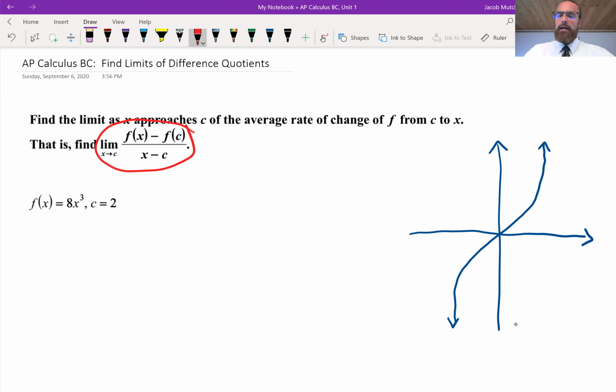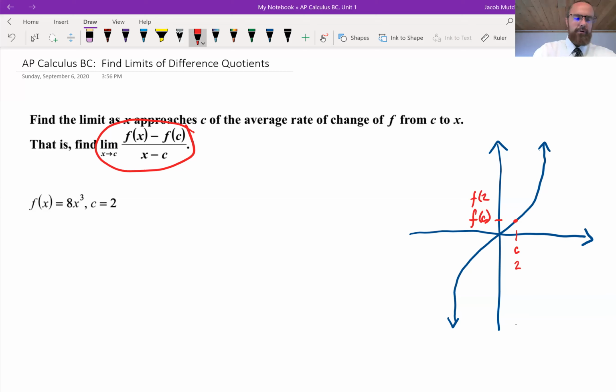So to think about how we'd calculate slope, I'm just going to locate a point here. Let's call that c. And that's a value on the x-axis. So when I trace over to my y-axis, that's going to be the output f at c. And that'll be an actual number. So for our example, c is 2, so that would be f at 2.